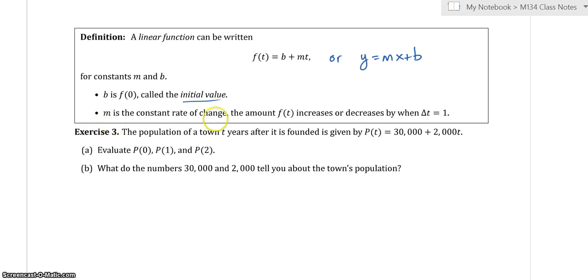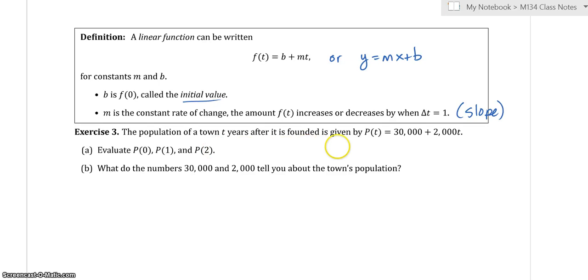And m is the constant rate of change known as the slope. I'll just put it here that we're going to see in the next section. But m is the constant rate of change, which is m, the slope. The amount f of t increases or decreases when the delta t changes or the delta x changes by 1.